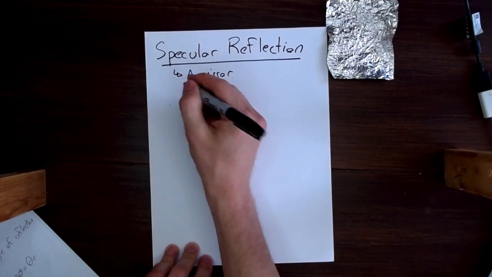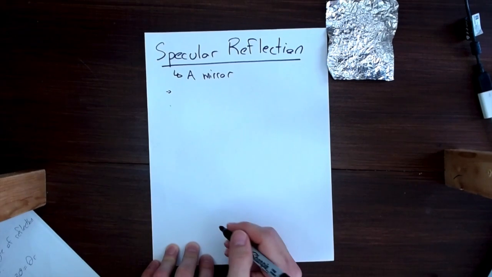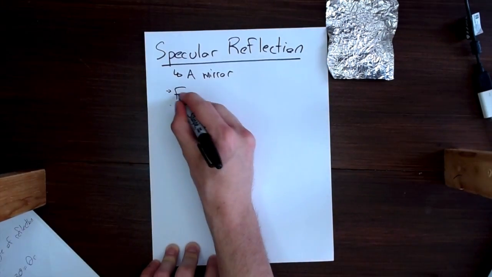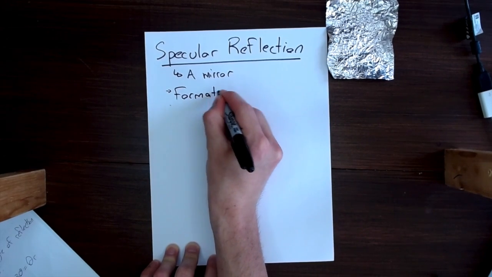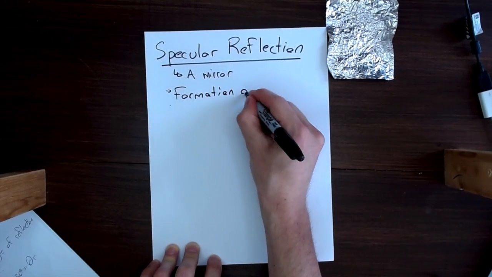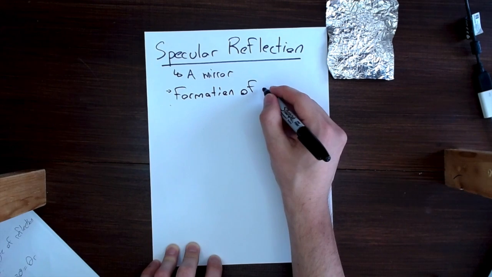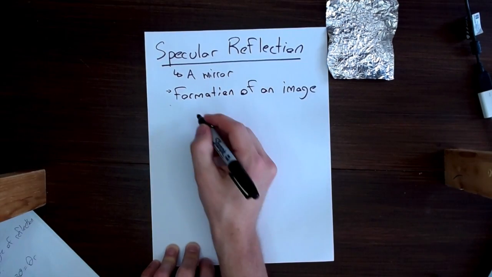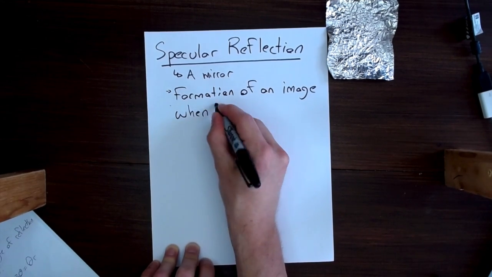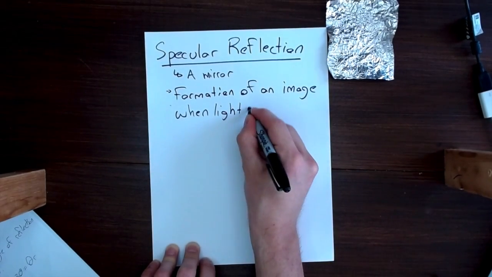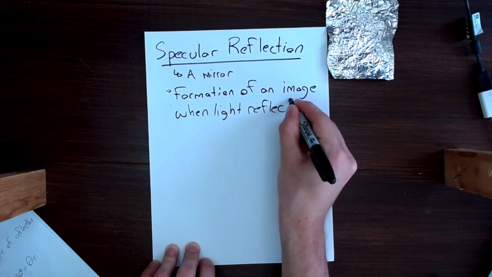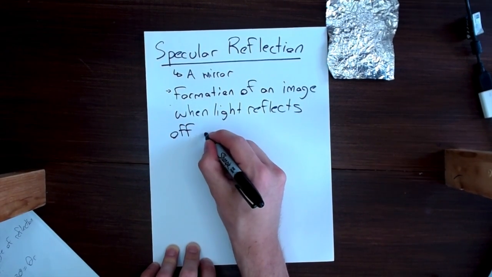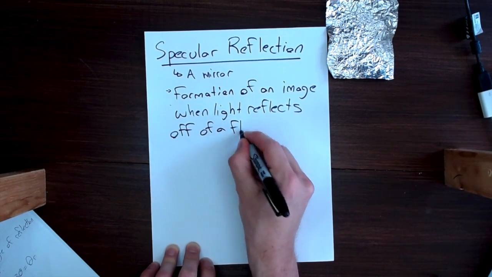So if we want to be a little bit more technical with what it means to be specular reflection, we're talking about formation of an image when light reflects off of a flat surface.